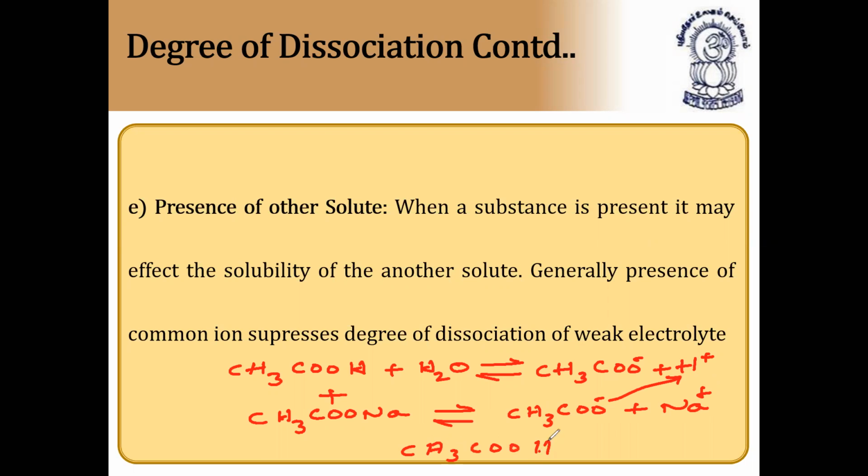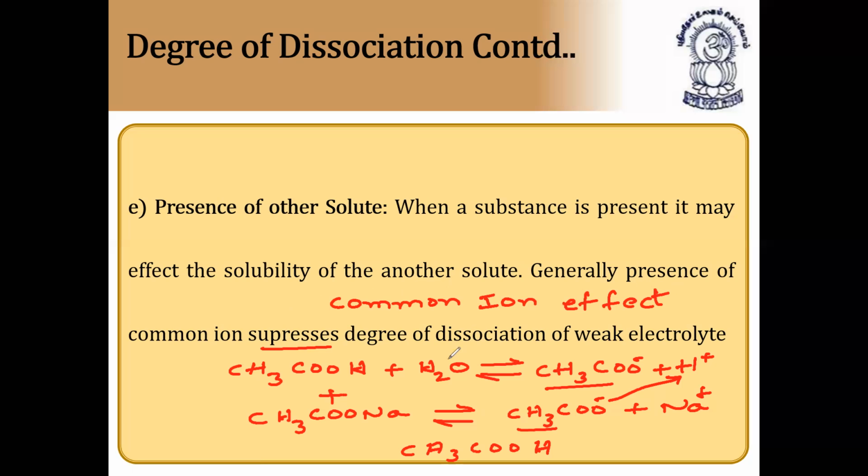So due to the common ion, that is the acetate ion, the dissociation of acetic acid can be suppressed by adding sodium acetate to the solution. This is called the common ion effect.